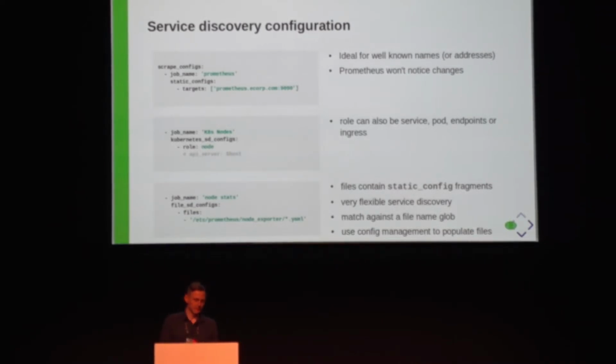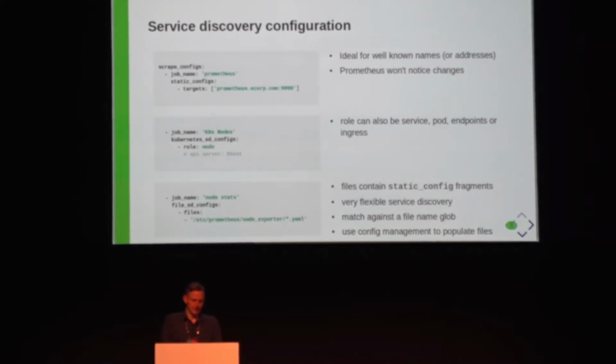So now you can go out and use your favorite config management system or whatever you have to deploy new hardware and just have it drop a file in this directory and Prometheus will pick it up. Or you could even come up with a really fancy glob and have Prometheus pick out the right files that it wants. And it's just very versatile.